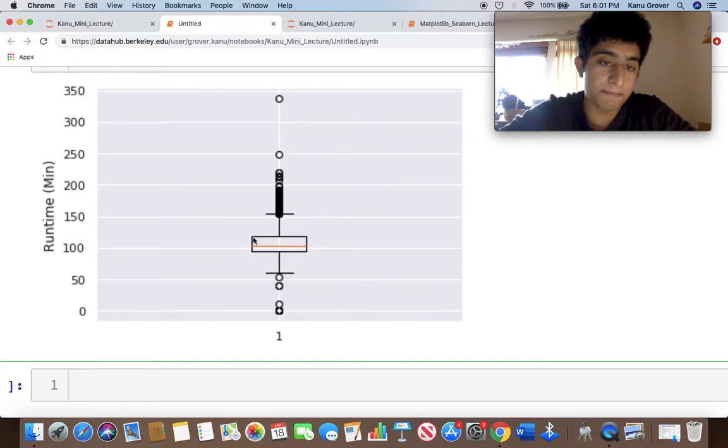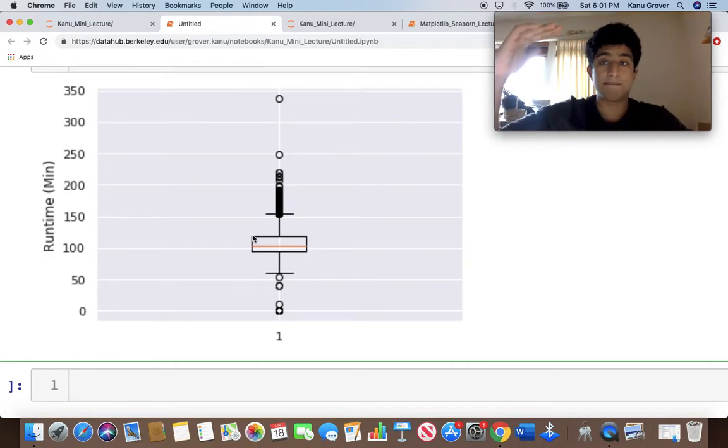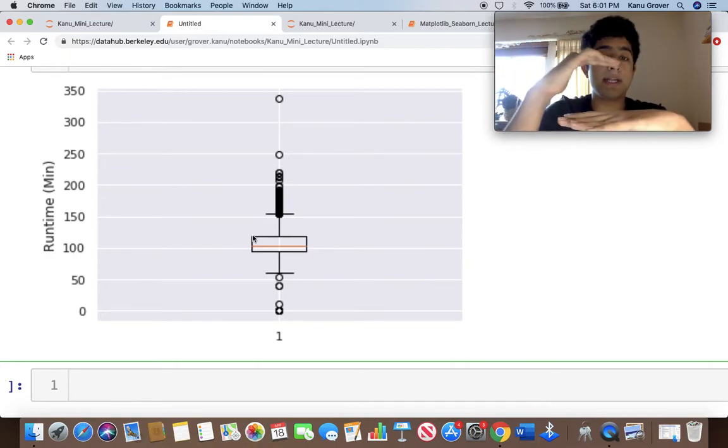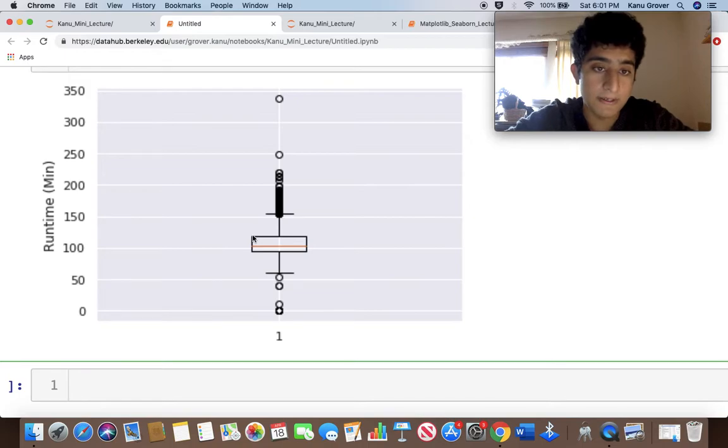For the 75th percentile, we use the same exact logic as the 50th, in that 25% of the data lies above it and 75% of the data lies below it. So our 75th percentile for the runtime in movies, I would say, is about 120, 125 minutes, versus the 25th percentile, which is just under 100 minutes.